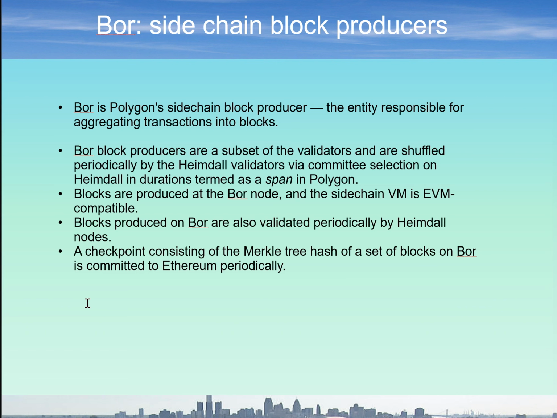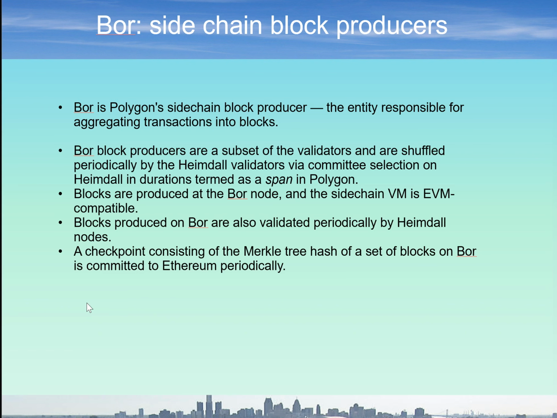Blocks are produced at the Bor node. The sidechain virtual machine is, of course, the Ethereum virtual machine. So this is why a lot of people like Polygon, because whatever development experience you accumulate over Ethereum is not going to be wasted. You can reuse and leverage those experiences you learned on Ethereum and then become productive and successful on the Polygon blockchain.